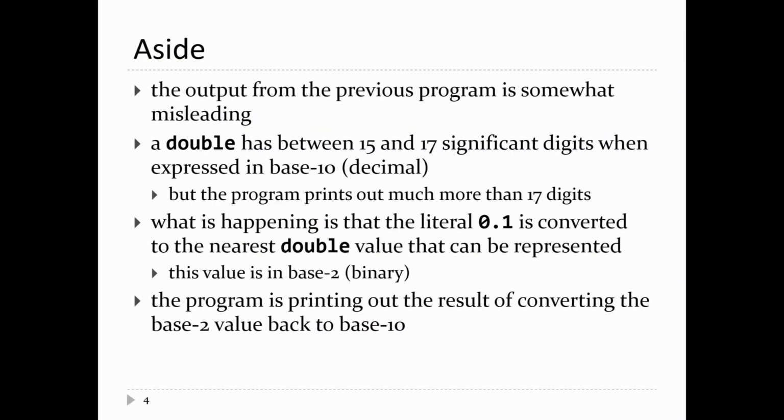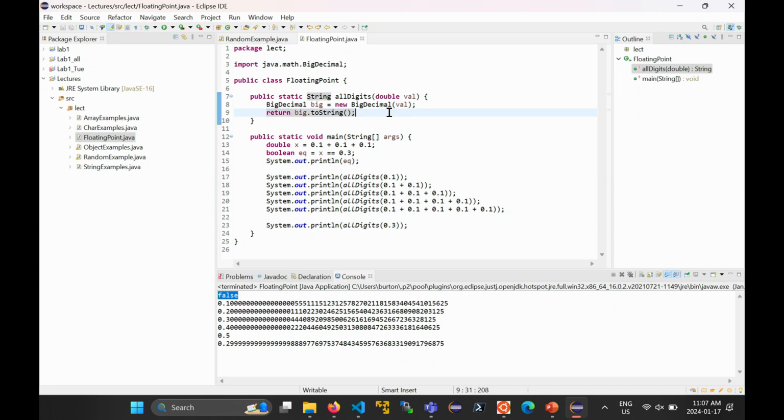Oh, so it's not there. So I guess I'm talking about this program now. This program uses this class called BigDecimal. BigDecimal in Java is the class that you can use to represent an arbitrary number of digits in a floating point number. So what I'm going to do is take the number 0.1 and pass it to the method called allDigits.